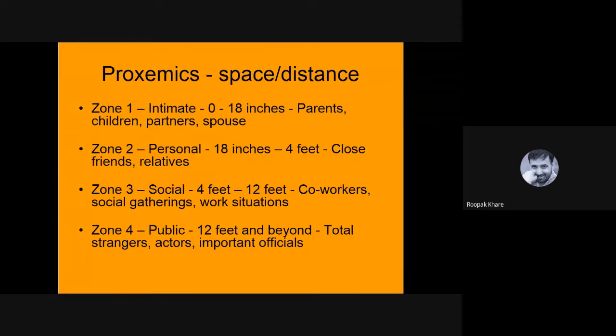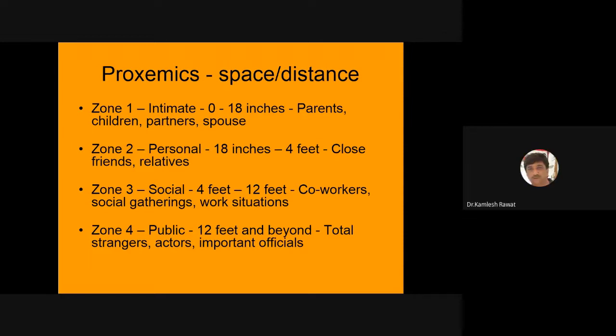Now, what is proxemics? Proxemics refers to the usage of distance to express some piece of information. So how far or close two people are, this also explains a lot. When you meet new people, I'm sure you yourself do it, and it is automatically done.